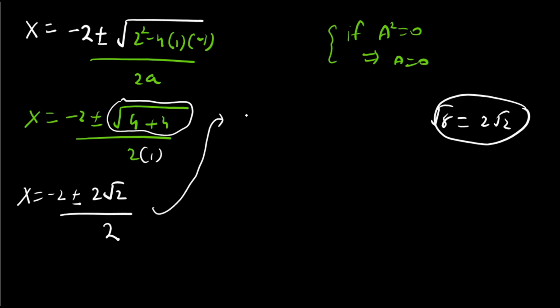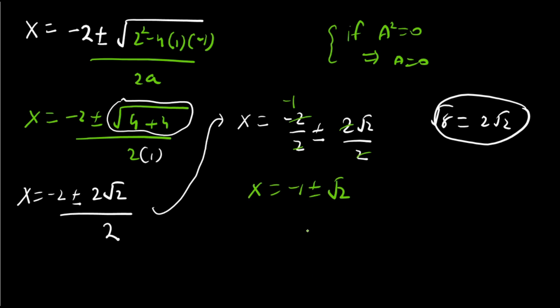Now x equals minus 2 plus or minus 2 times square root of 2, divided by 2. This is the same as minus 2 divided by 2 plus or minus 2 times square root of 2 divided by 2. Then 2 divided by 2 gives minus 1, and the 2 and 2 cancel out, so x equals minus 1 plus or minus square root of 2.